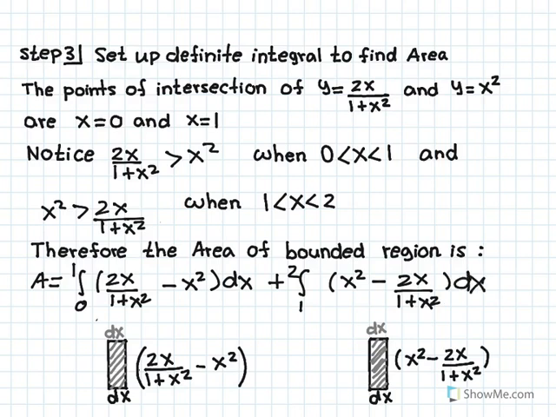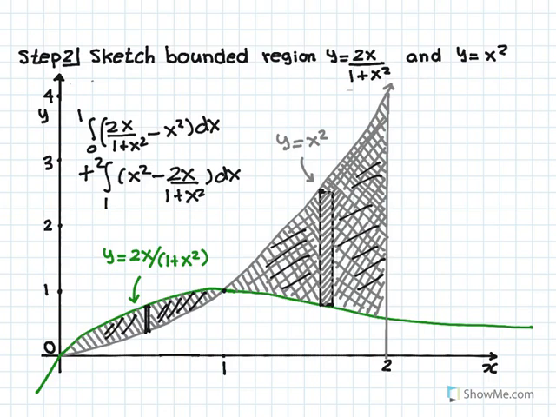So the key point here is you have to describe the two regions differently. There are two separate integrals because there's an intersection point, and to the left of x equals 1, 2x over 1 plus x squared is the top function, whereas to the right of x equals 1, the top function is y equals x squared. So that's the reason that we had to do two separate integrals.